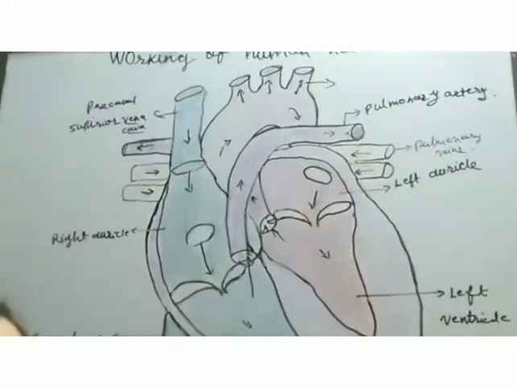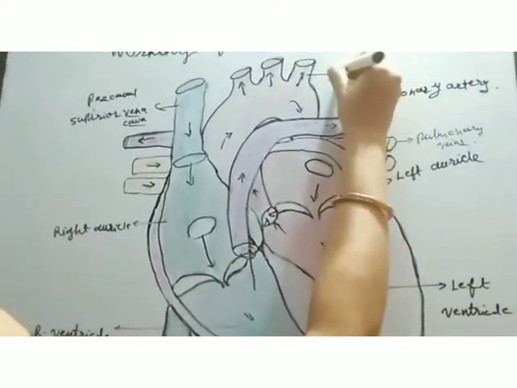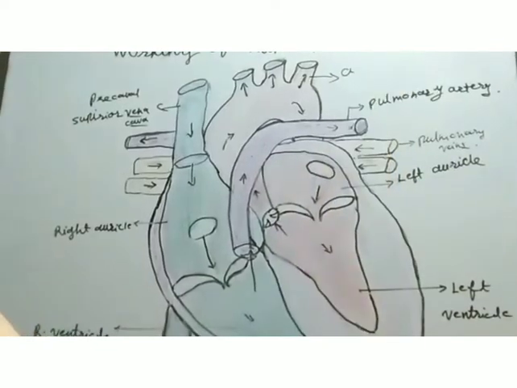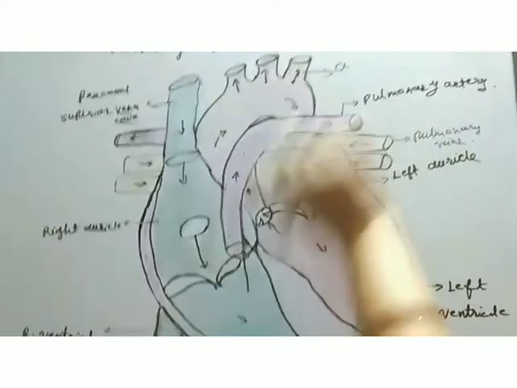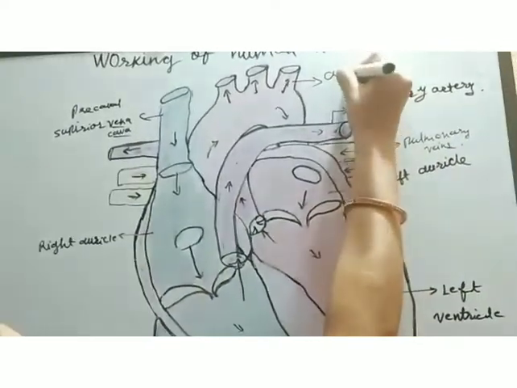The biggest artery of the body is the aorta, which receives oxygenated pure blood from the heart to distribute it throughout the body.